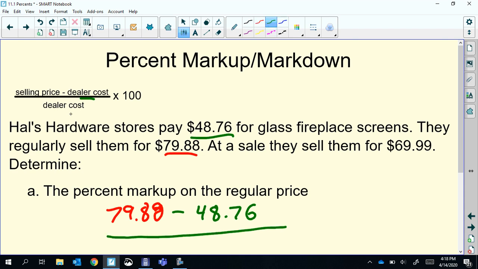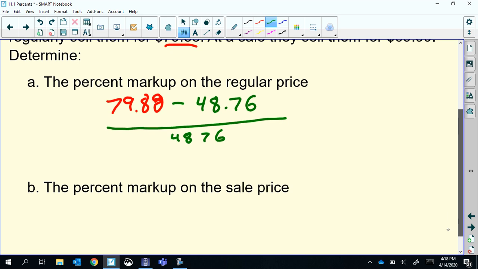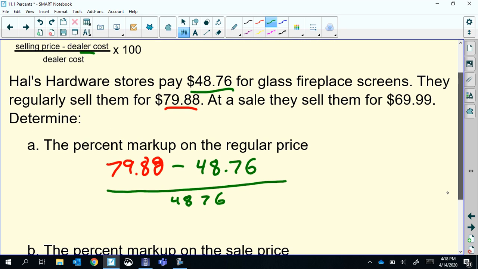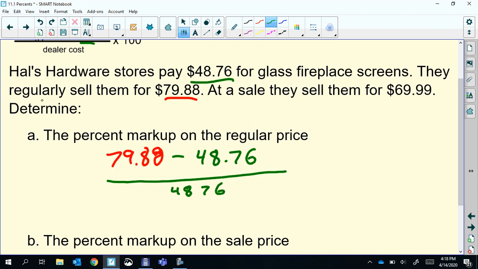And you divide by the dealer cost, which is that same number, 48.76. So that's the regular price. Now for the sale price, we're going to use that. We're just going to replace the $79.88 with the $69.99.